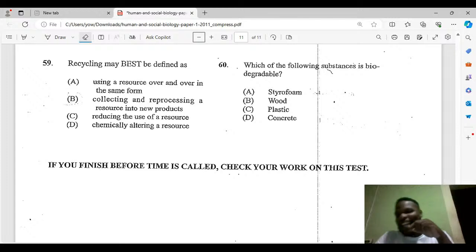Oh, you're from St. Kitts. Welcome, welcome, welcome, Hanley. All right, so that is 2011, and that's the paper I did when I was doing human and social biology. Yes, I'm that old.